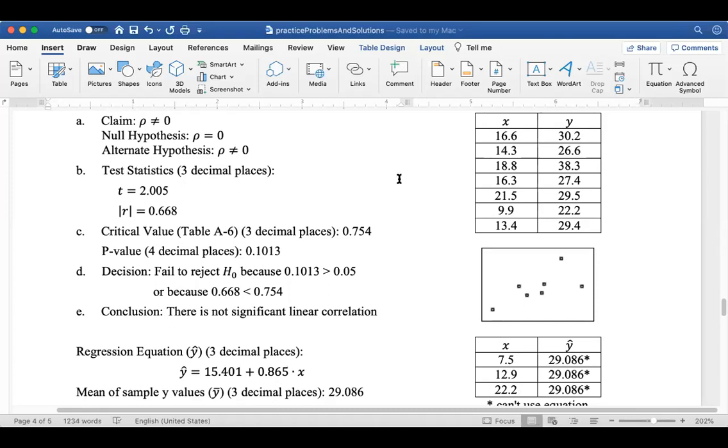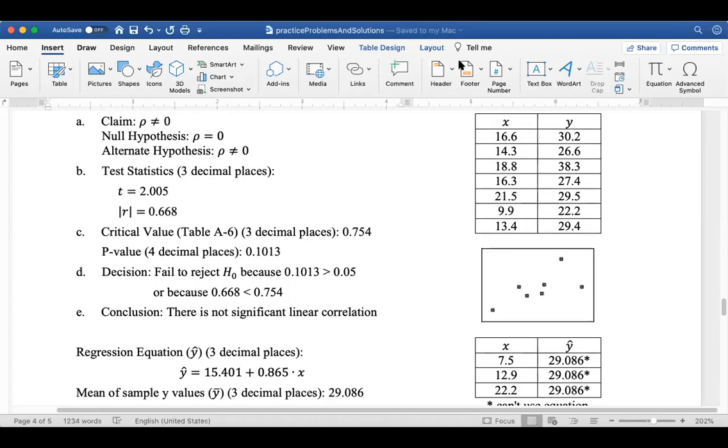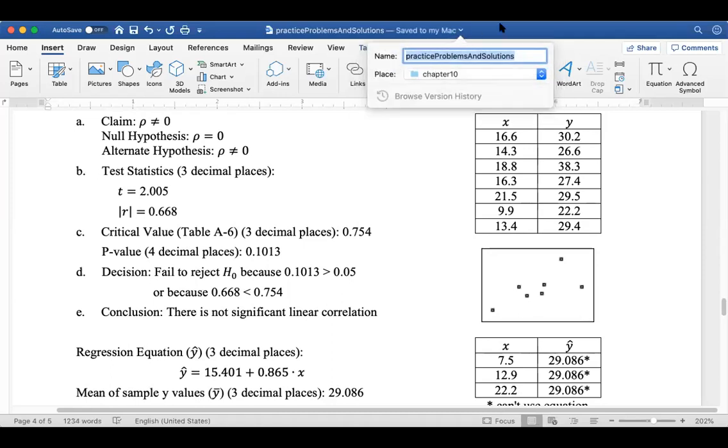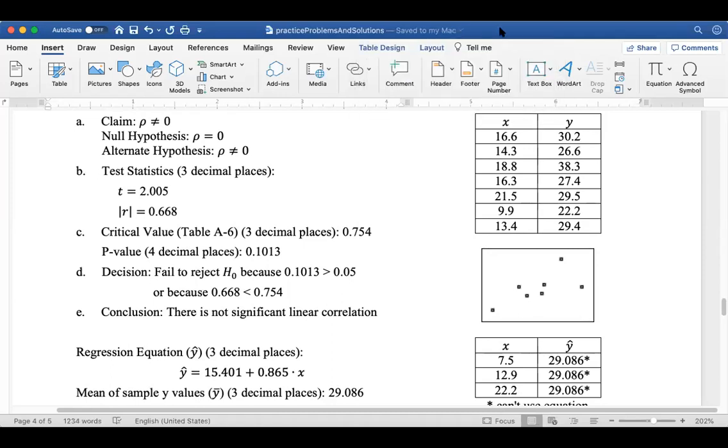All right, I think that pretty much covers everything you need to know in Chapter 10. A little lengthy, but actually there's not that much material there. I just went on and on, so that's what made it long. So good luck on those problems, and keep up with the homework.